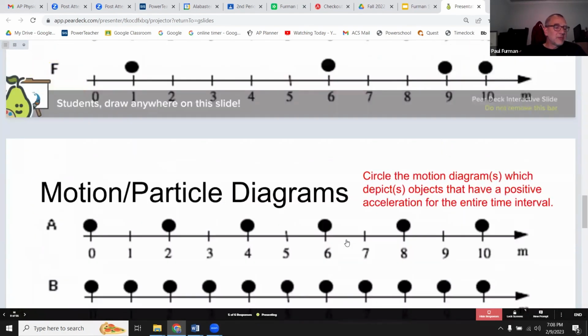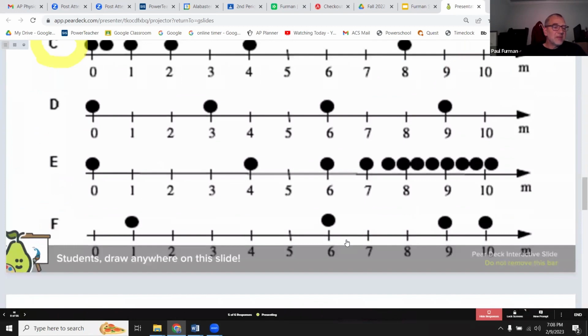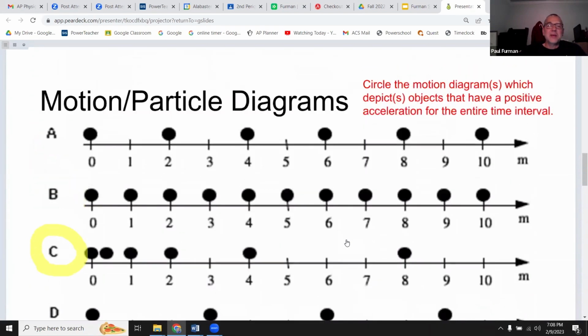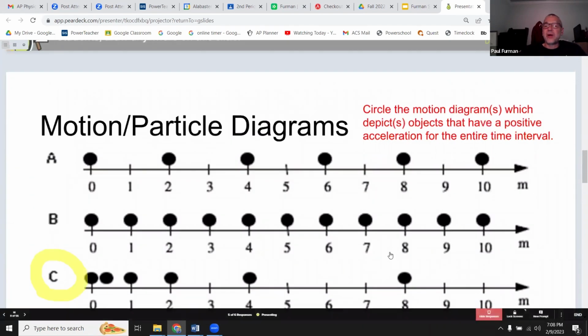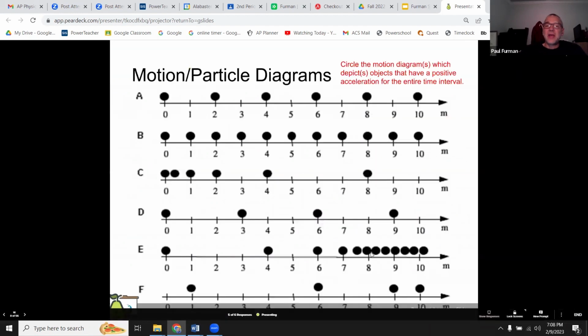The answer on this one is actually C. The object is moving to the right, and so it has a positive velocity. Notice in C, every time interval, it's moving a little bit further than it did the previous time interval. So that would be a positive velocity and a positive acceleration. That would be an object that is speeding up.